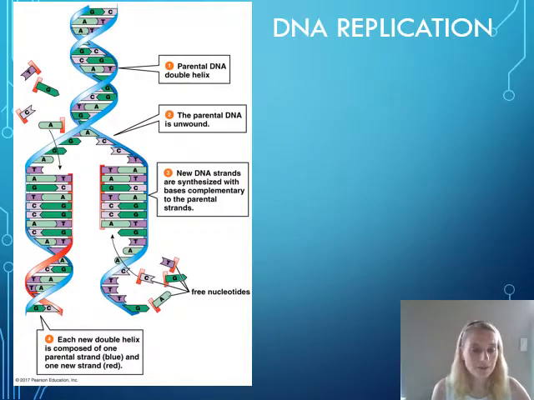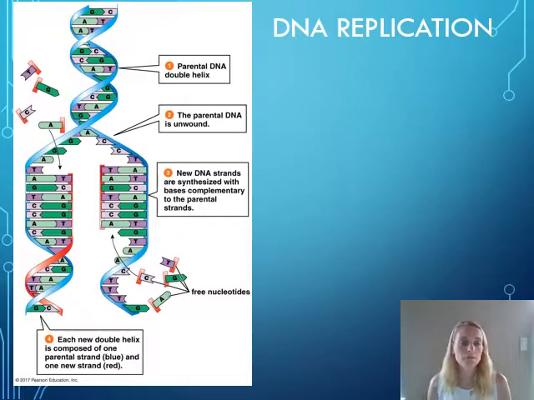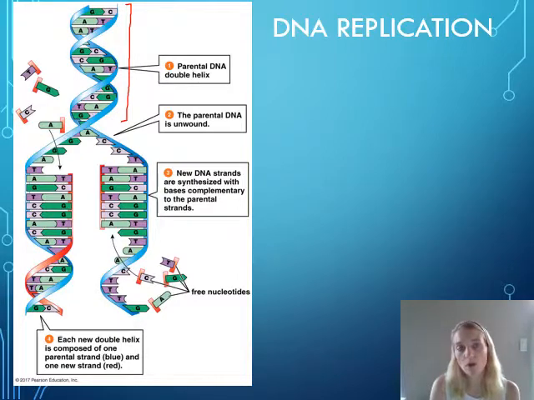So in your book, you have this diagram. I didn't want to rewrite all the steps in the blue, so we're just going to work through the picture. Here we have the blue parental strand up here in its particular sequence, A's, T's, C's, and G's. Now, we're not teaching all the details and the enzymes, but do know that enzymes catalyze all of these reactions. It's not a random chemical process.